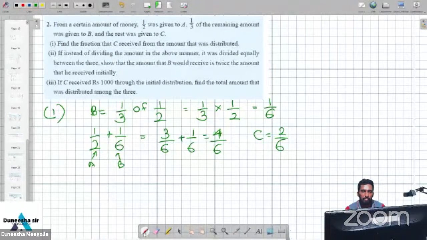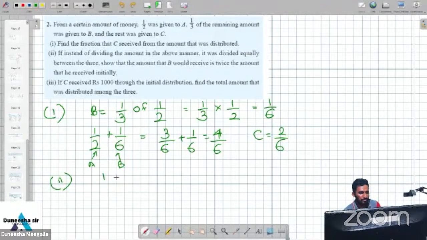Show that the amount B would receive is twice the amount that he received initially. Then if it is divided equally among these 3, how much does each one get?